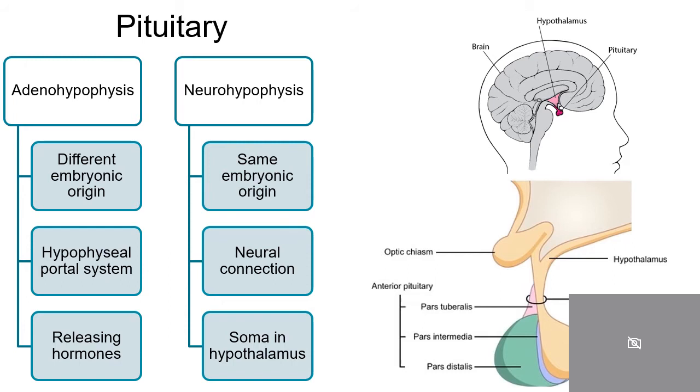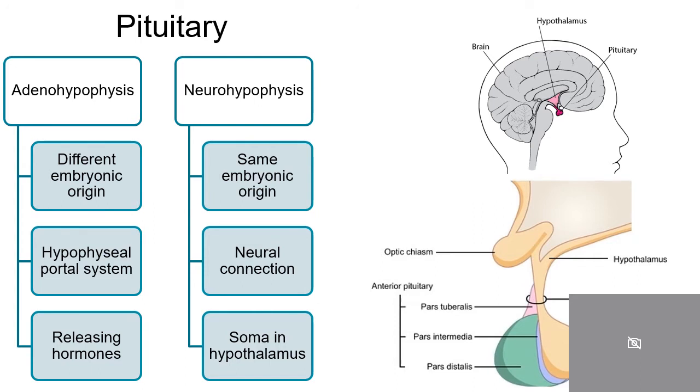The pituitary gland. This organ is controlled by the hypothalamus by way of the infundibulum. However, the two structures in the pituitary come from different embryonic origins, which affects the control mechanism by the hypothalamus.